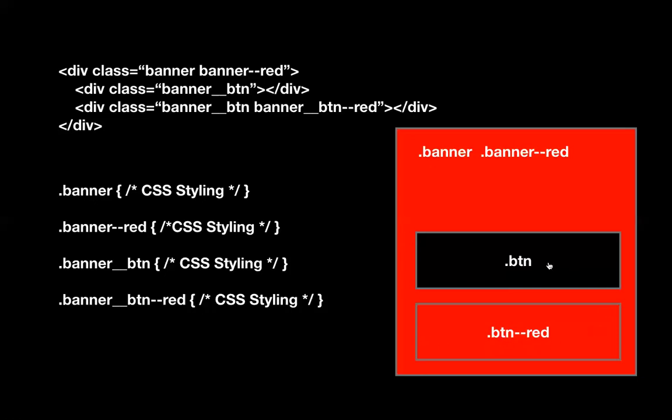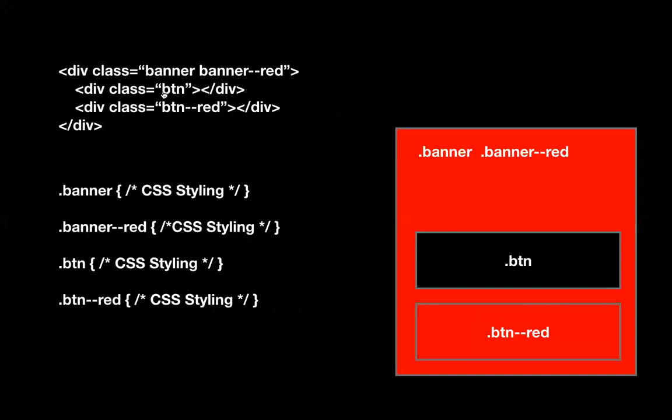So we have our button here. So now it's a button block. And then we have our button here that's modified with dash dash red. I made a mistake here because I'm supposed to add it in this fashion. Right here, it's supposed to be dot button and then dot button red. So imagine that's there. Then we would have to change our HTML and our CSS.